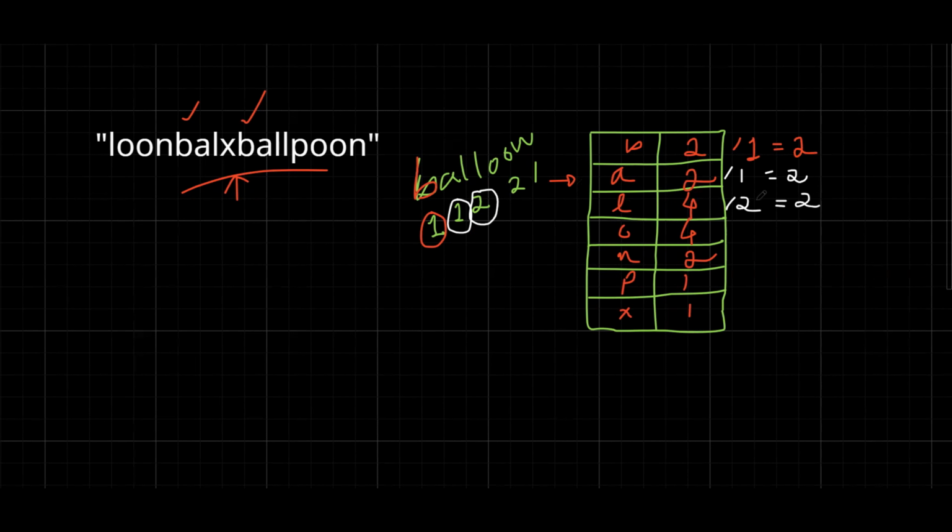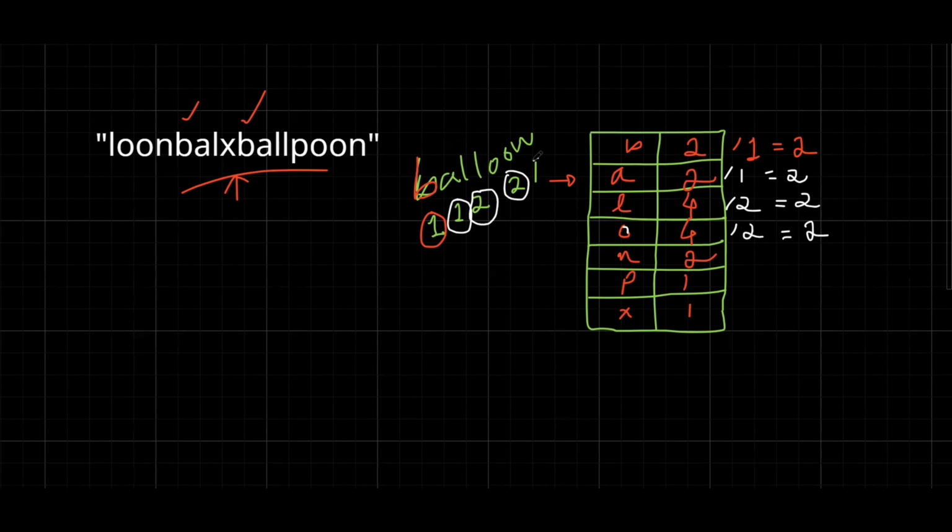So by using these 4 L's, we can make 2 individual balloons. Now, the frequency of O is 2 in the word balloon, but here the frequency is 4. So if we divide 4 by 2, we can make 2 instances of the balloon, where each instance contains 2 O's.